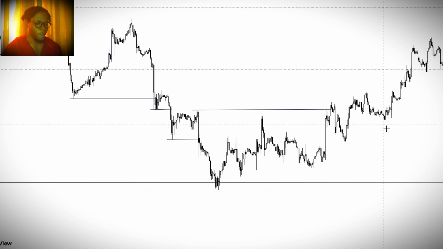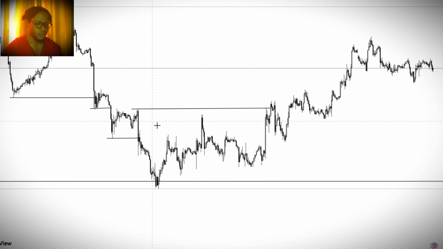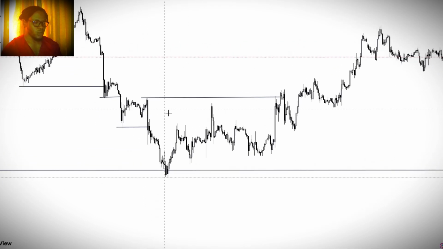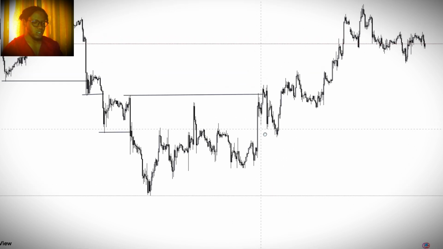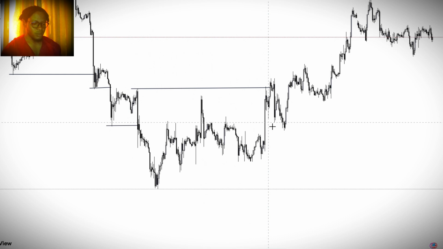Right here, if you take a good look at this chart properly, let me take out this also. You see that price was kind of consolidating around this point, but I didn't bother because I'm not having anything closing above this point.